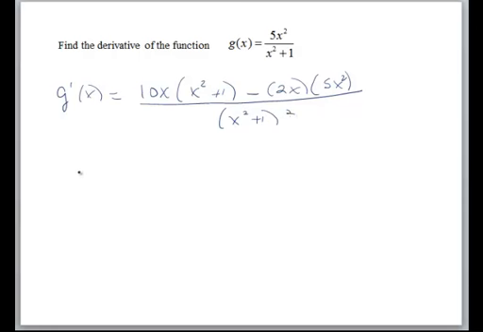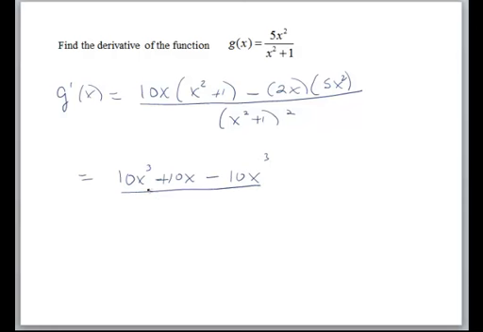Okay, and again for this one I am going to work through and simplify the numerator. So distributing my 10x, we get 10x to the third plus 10x. Multiplying the second term here, we get a negative 10x to the third.